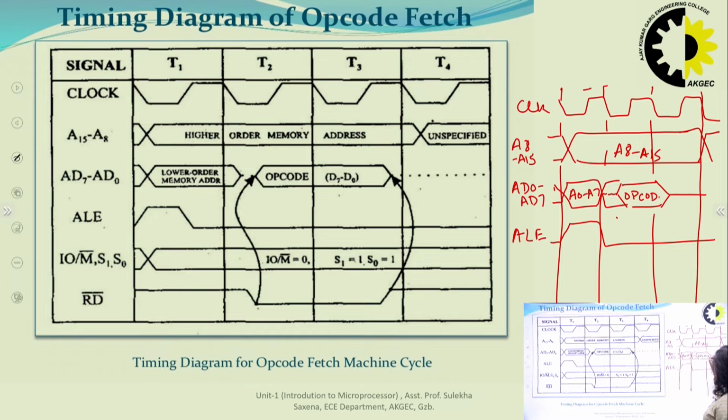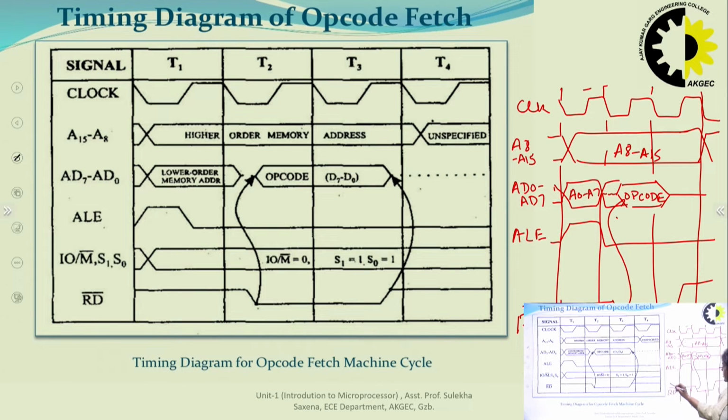So in case of opcode fetch, there is also read operation, so there is a floating state. And once read bar is 0, then only read is available. So in second cycle, once read is 0, after that the data will be available on the bus.